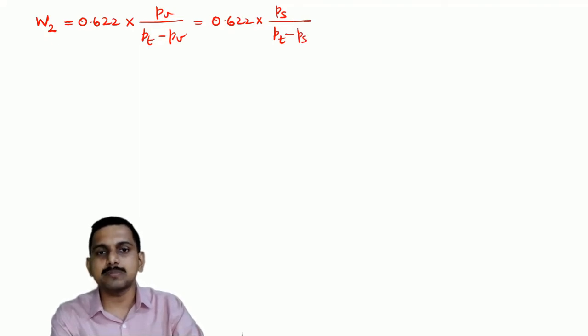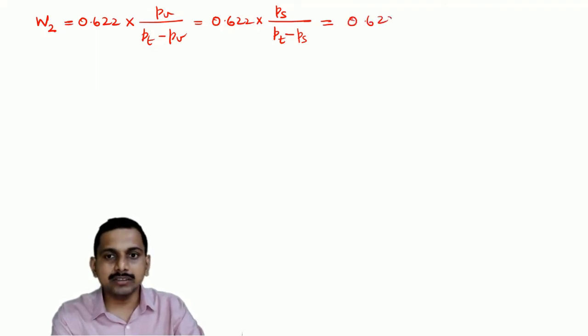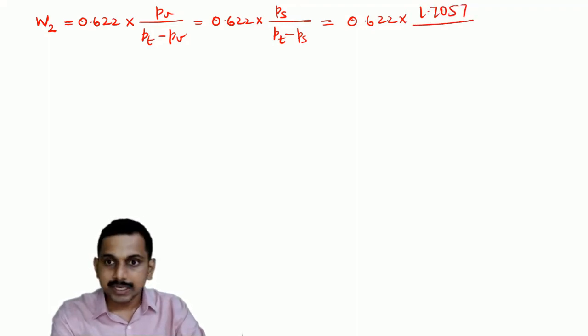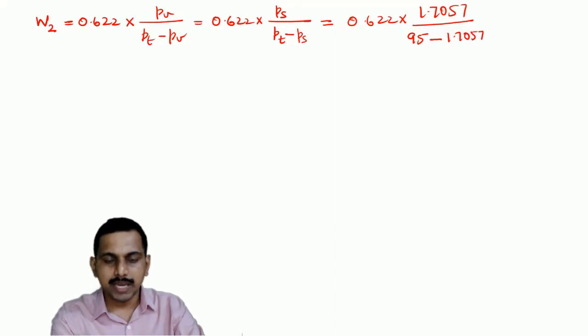The saturation pressure at 15 degrees centigrade is given as 1.7057, divided by 95 kilopascal, the total pressure, minus 1.7057, and the answer I am getting is 0.011372.